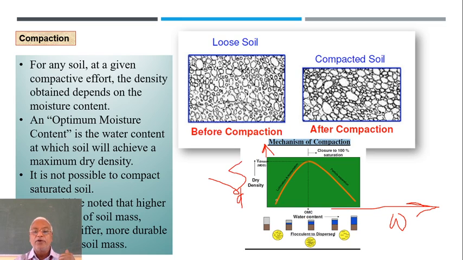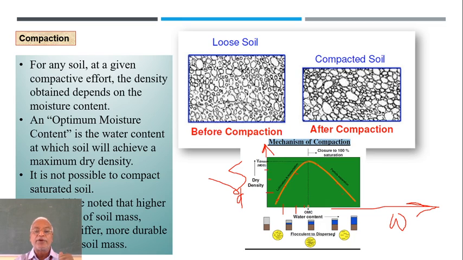Now, when you go on conducting the test, you'll be getting some points here and there, right? And then after smoothly joining that, you'll be getting a curve, wherein what you can observe is as the water content increases, the dry density also increases, fine, but this increase will not be continuous.